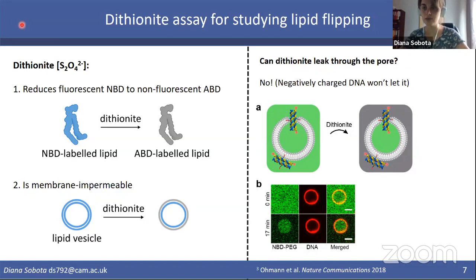If you take a look at our recent paper in Nano Letters, this is very well explained, and we also talk a lot about why negative ions will not go through the membrane via the DNA pore. Okay, so I think we have this.